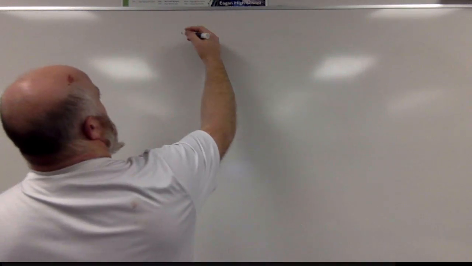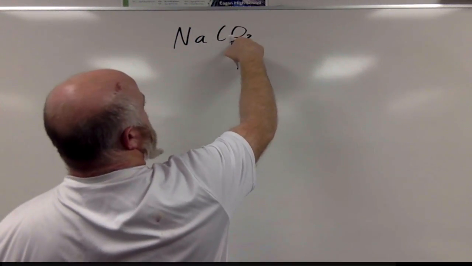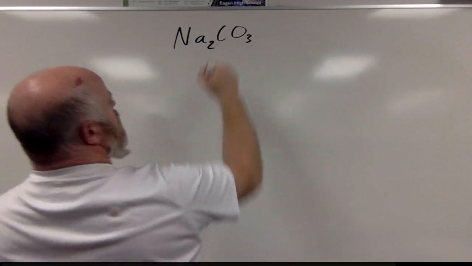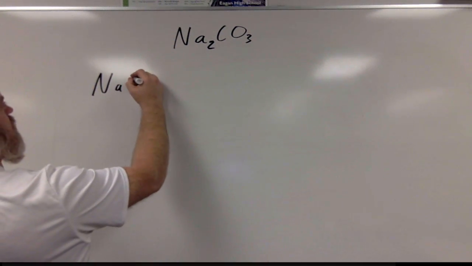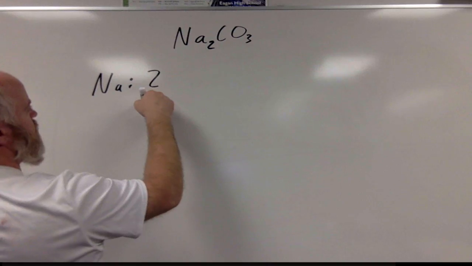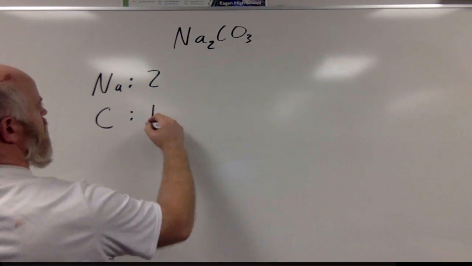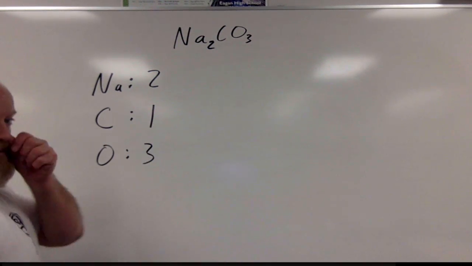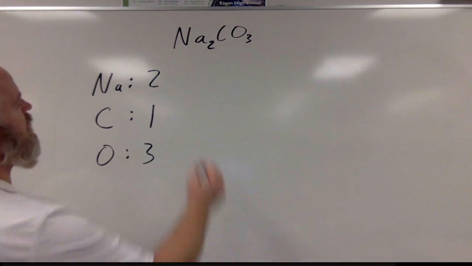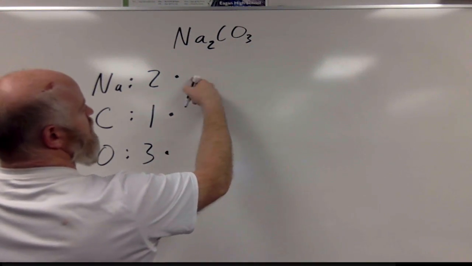Sodium carbonate has a formula of Na2CO3. The carbonate is a 2 minus charge, sodium is a 1 plus, so I need 2 sodiums here. So I have sodium, and I have 2 of them. I have carbon, and there's 1 of them, and I have oxygen, and there's 3 of them. Here's how many I have. I'm going to multiply those by their atomic masses.